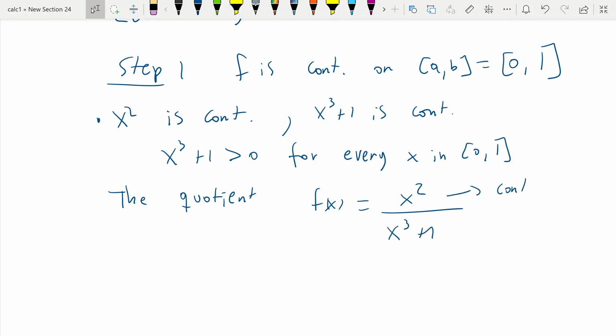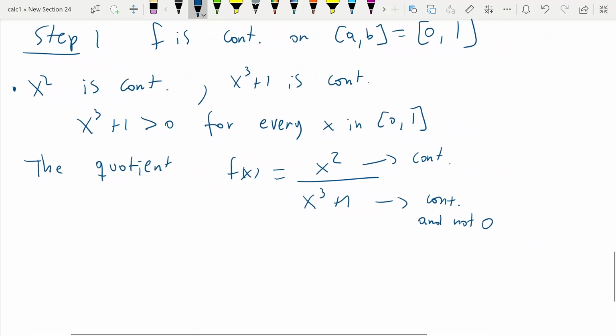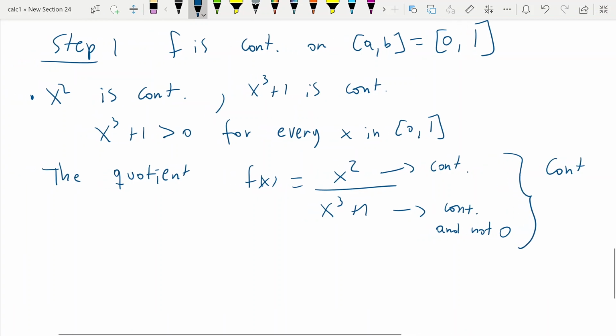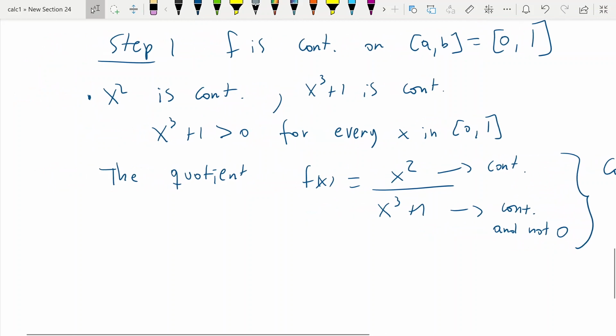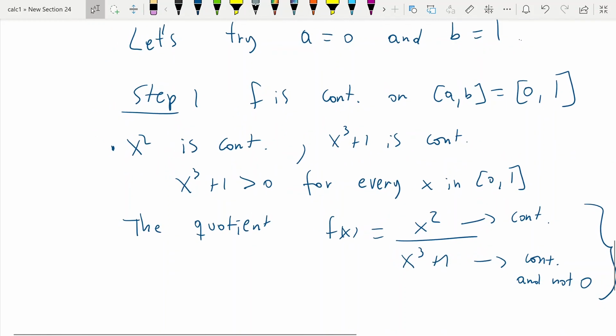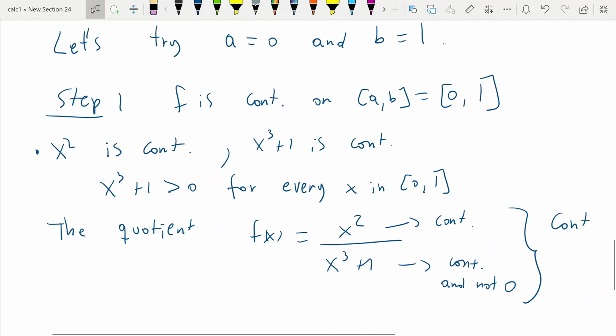This is continuous and not 0 between 0 and 1. So this whole thing is continuous. Remember, the quotient of continuous functions is continuous if the denominator doesn't vanish, which is the case. So this shows that f is in fact continuous.